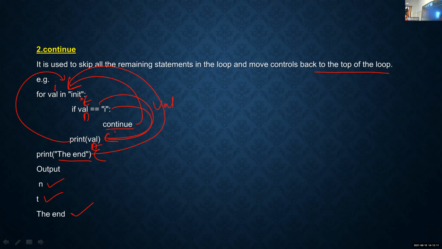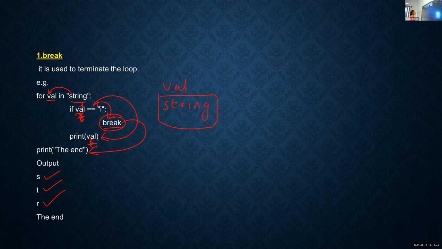Break means if we are executing a break statement, it will terminate the loop and will execute the statement just after the for loop. Here, if it is break, then it will execute the statement just after this for, that is this one.